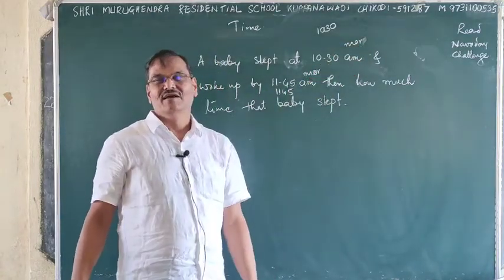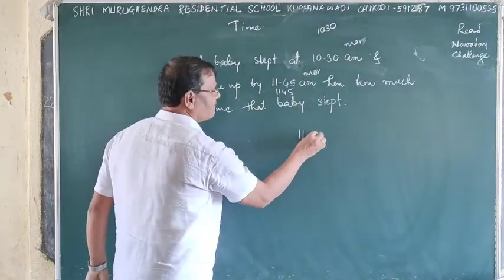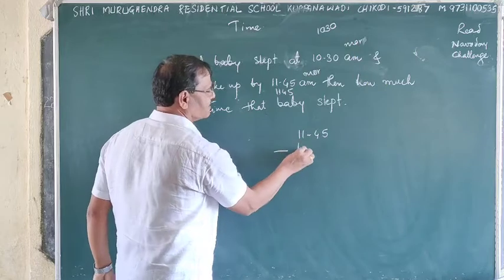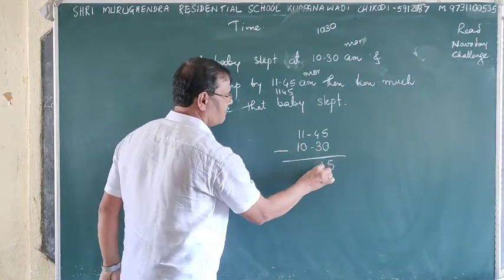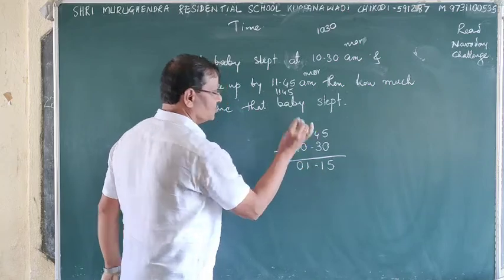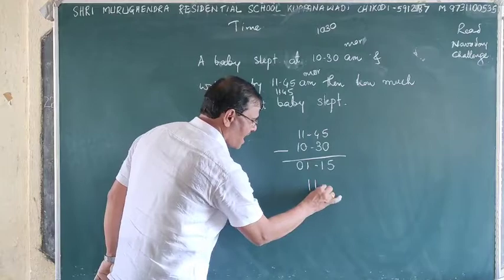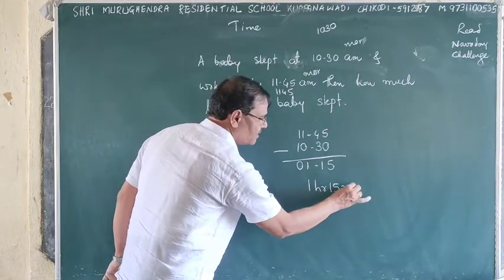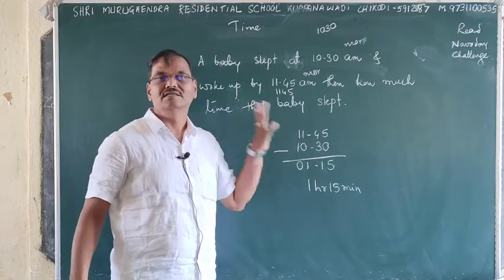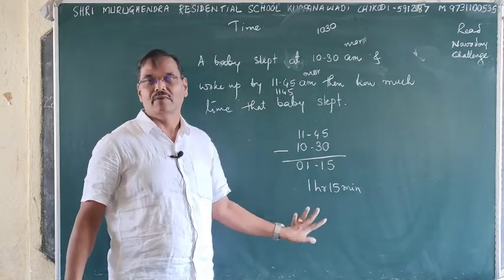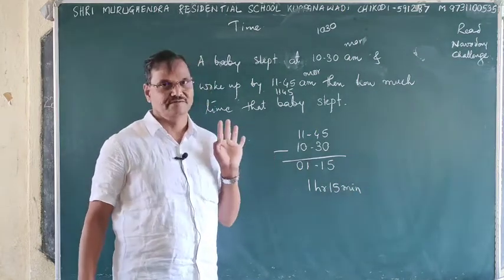So here the only thing is 11:45 minus 10:30, that is 1 hour 15 minutes. 1 hour 15 minutes is the duration of the baby sleeping.